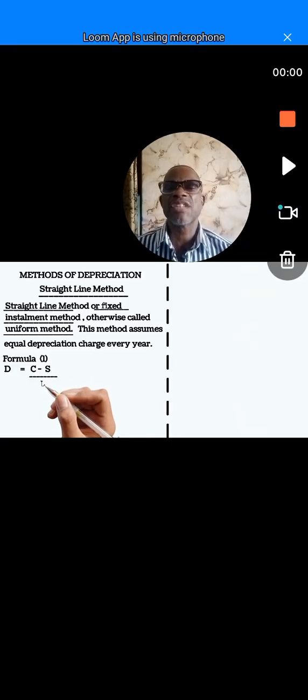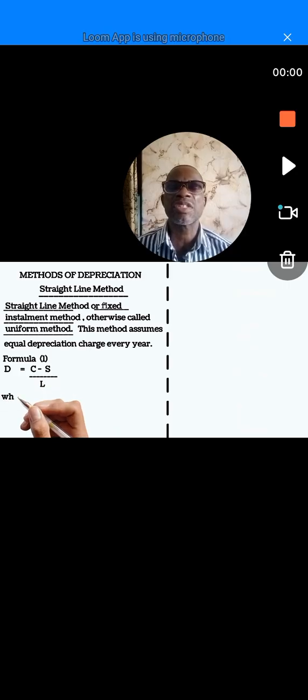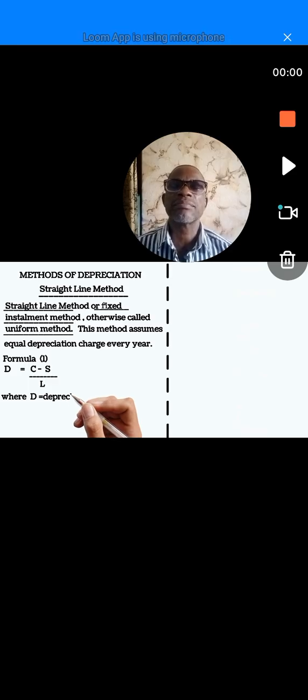It's given as D is equal to C minus S over L, where D is depreciation, C is the cost, S is the scrap value or the residual value, while L is the estimated useful life or the lifespan.